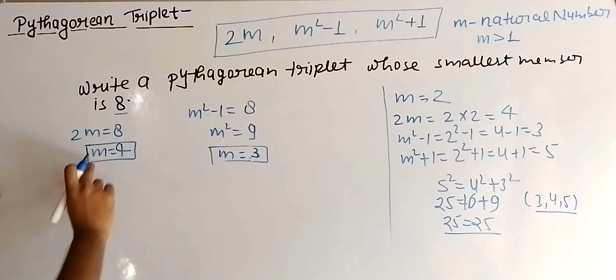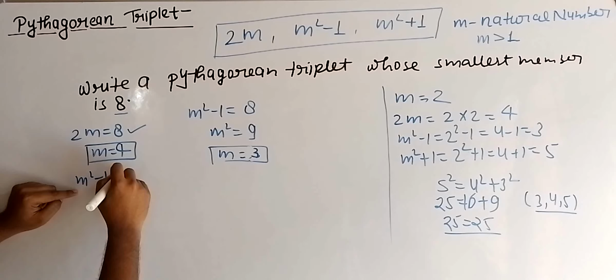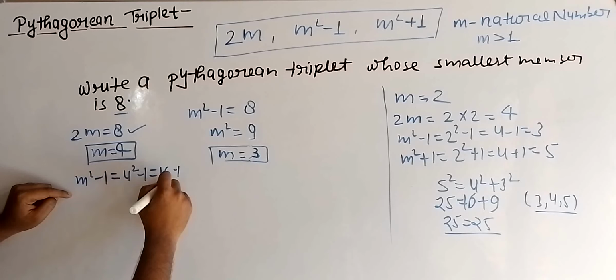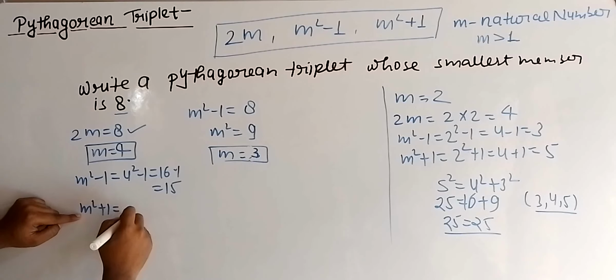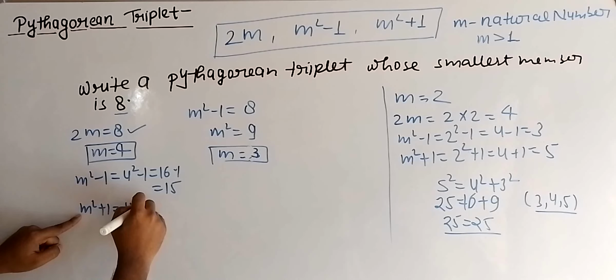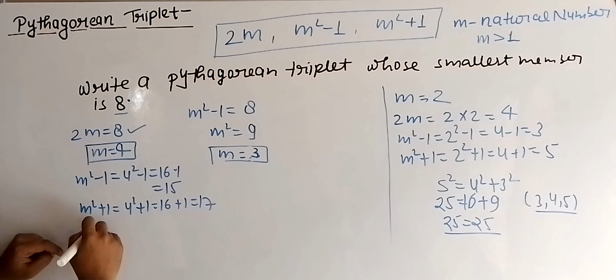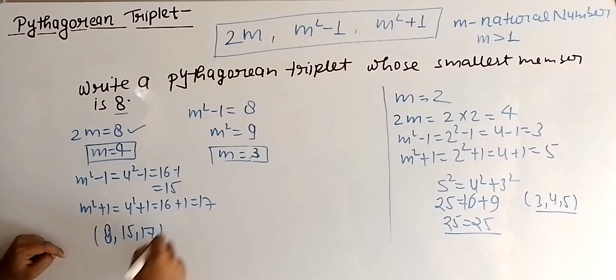Now when m is equal to 4, then 2m is equal to 8, and then m square minus 1, that means 4 square minus 1. From here we are getting 16 minus 1, that is equal to 15, and then m square plus 1. From here we are getting 4 square plus 1, that means 16 plus 1, it will be 17. So we are getting 8, 15 and 17.